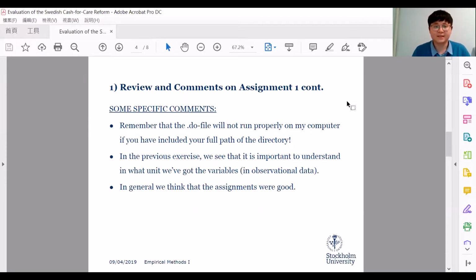And the second problem is in the empirical exercise. I see many people directly using the t-test command to calculate the 95% confidence interval for the difference in means.